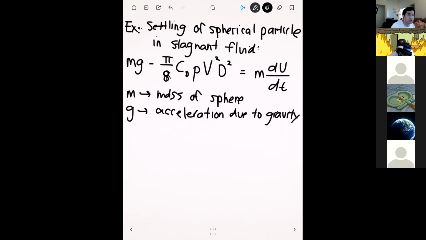Next we have CD, the drag coefficient. Whenever you see something called a coefficient, it's not going to have any dimensions. So this is dimensionless, basically the same as a number.